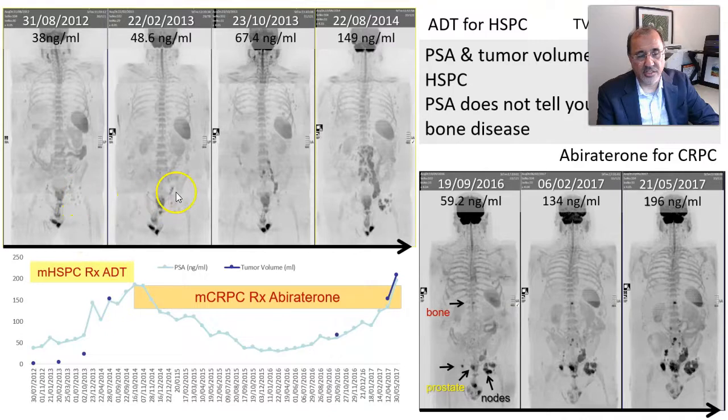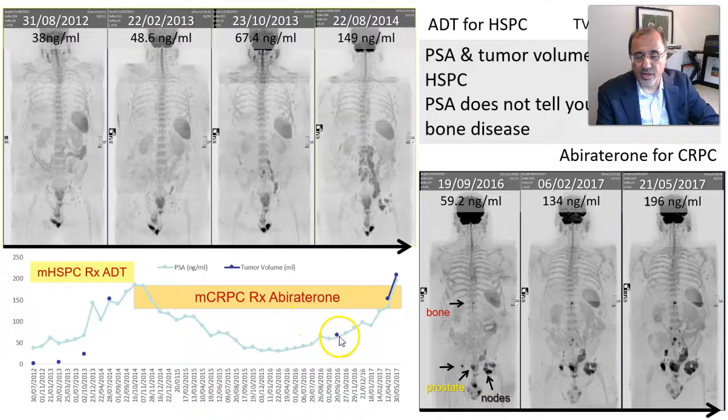And what you notice is that the volume of disease appears to be increasing into the retroperitoneum and, in fact, in the left groin. So at this point, he goes on to abiraterone. And again, the PSA goes down. And as the PSA begins to rise again, what we do is we start doing next generation imaging here, here, and here. And look what we see.